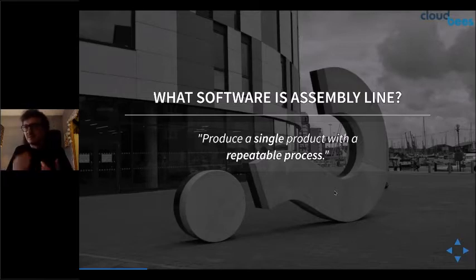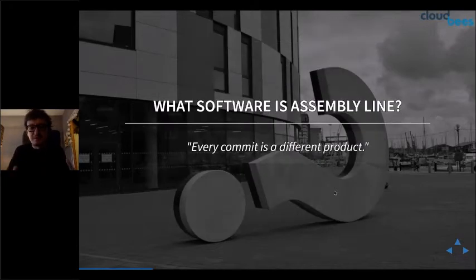Every single artifact that we produce, every single iteration of an assembly line, always produces a different result. So we are really producing a single product, and we are trying to do that with a repeatable process. But that single product is always different. Every commit produces something new, something different.